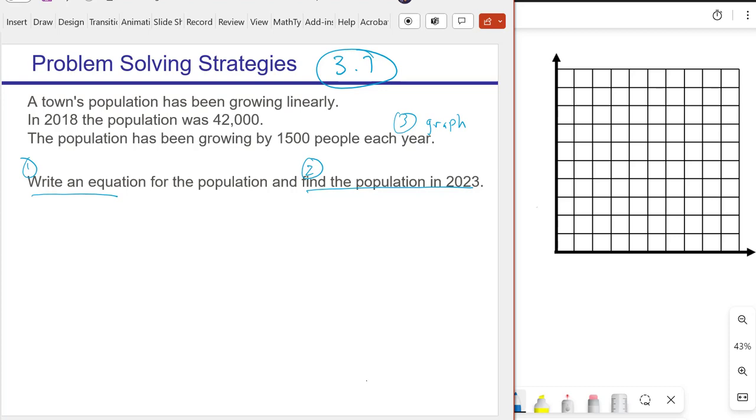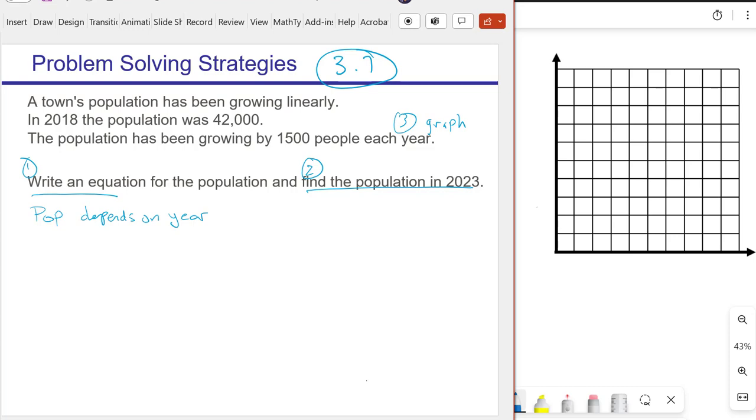Now, thinking ahead about graphing, before we can go anywhere with the equation or the graph, we have to figure out variables. And there's a couple of things that are changing here. The years are changing, and the population is changing. So it's up to us to figure out which one is X and which one is Y. It turns out the number in the population depends on which year it is.